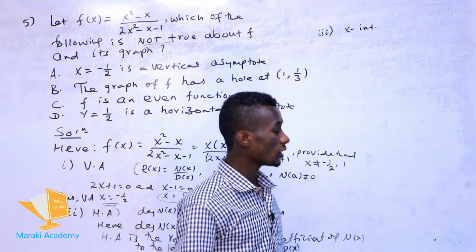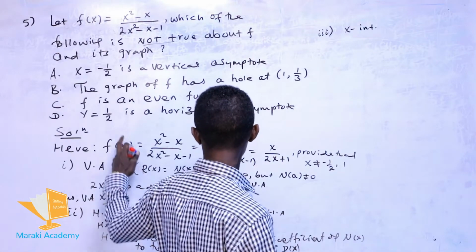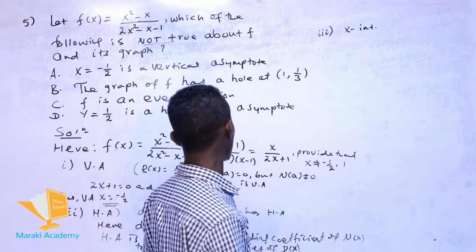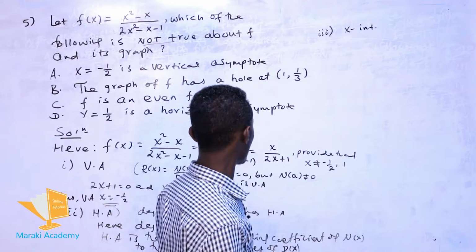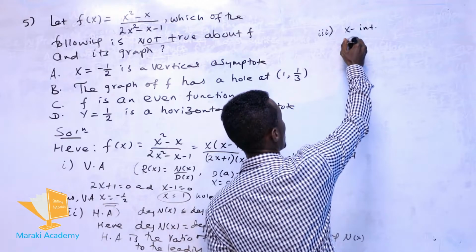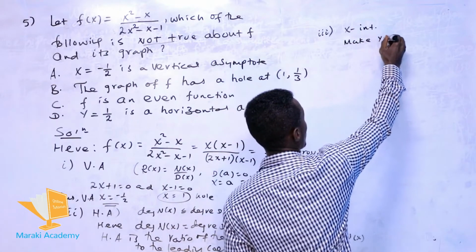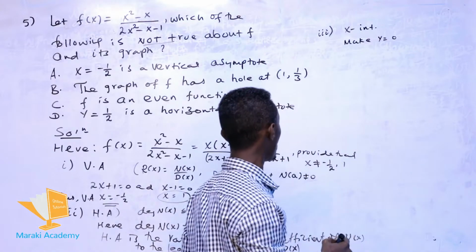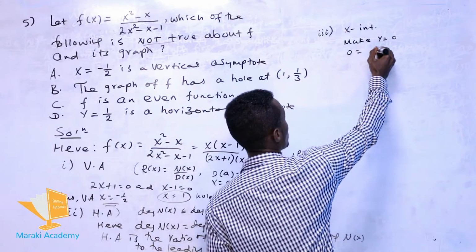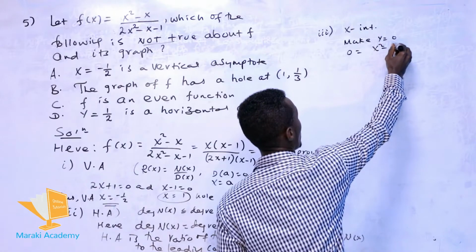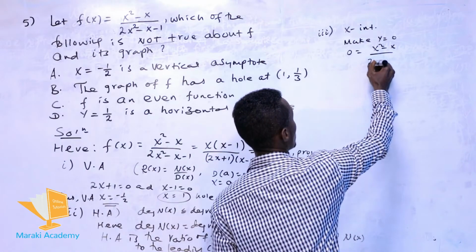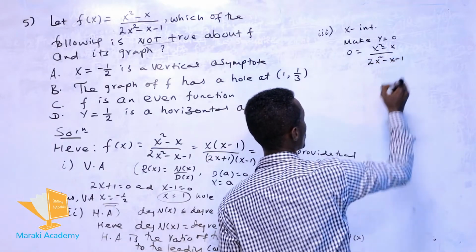So first we need to find the X-Intercept. To find the X-Intercept, we take when the given function f of x becomes 0. So we set y to 0. Then 0 which is equal to the given function, x square minus x over 2x square minus x minus 1.